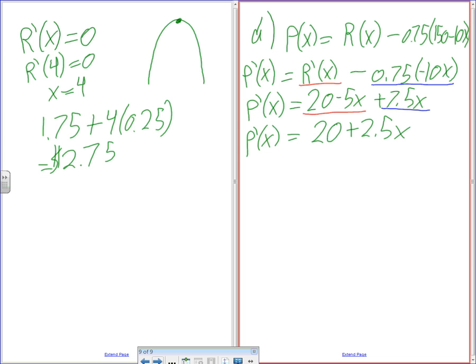So negative 10 for the derivative of this, that's just a number, so that's gone. Yeah, negative 10. So then that's just 7.5. So then that's 27.5.